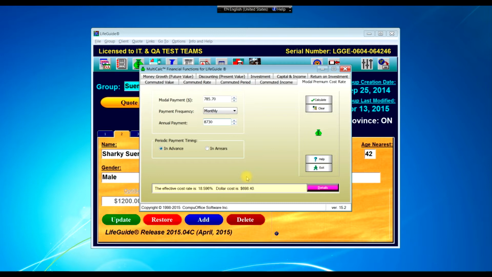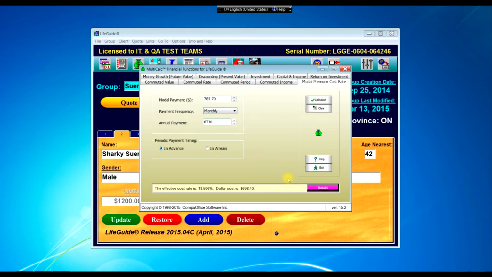Insurance premiums are payable in advance. Moreover, it's not the entire premium of $8,730 that's being borrowed, but the amount of $8,730 minus the first month premium, which is $785.70. So actually less than $8,000 is being borrowed in this case.